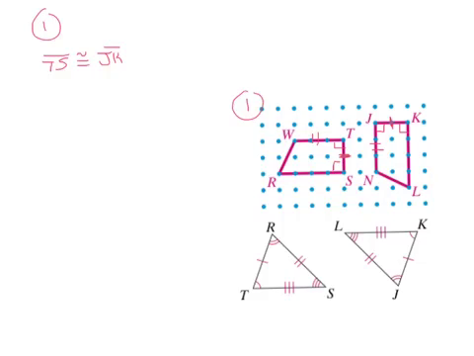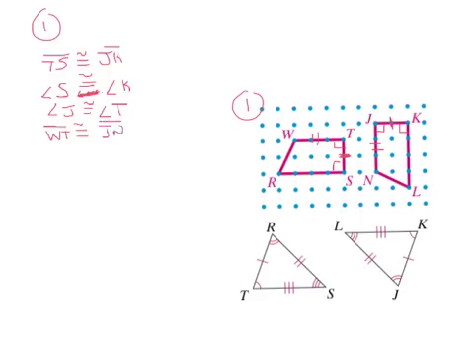So what I can say then is angle S is congruent to angle K. And angle J is going to be congruent to angle T. I can also say WT is congruent to JN.